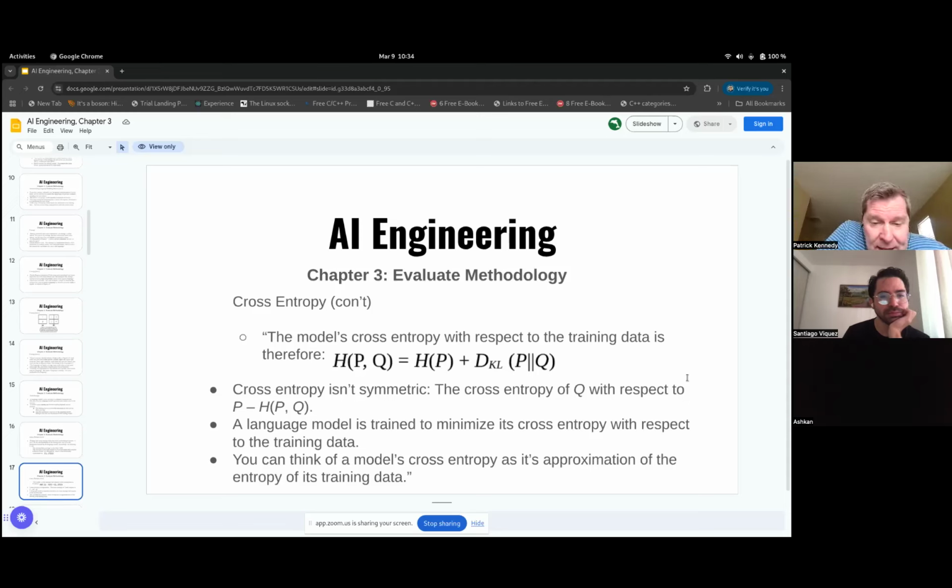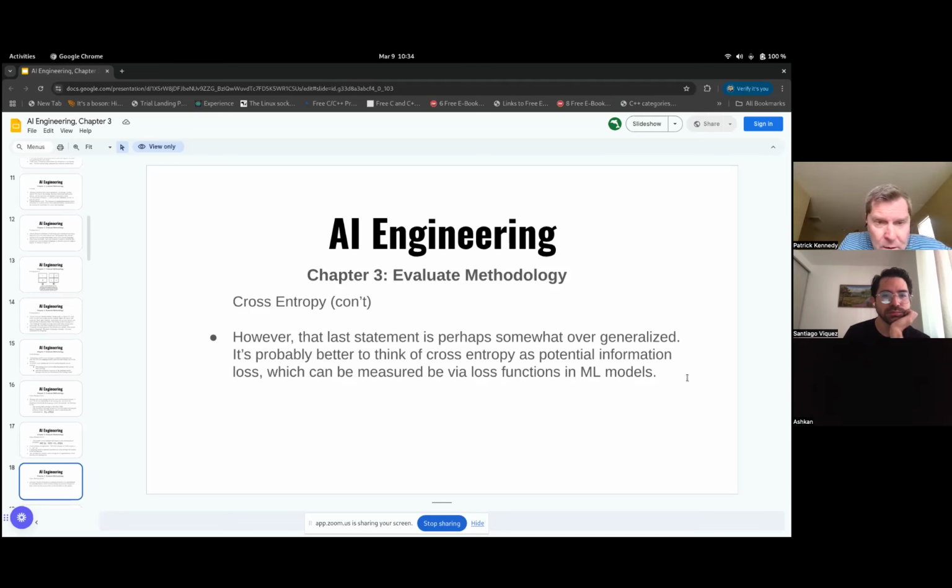You can think of a model's cross entropy as its approximation of the entropy of its training data. All right, so now we are up to slide 18. However, that last statement is perhaps somewhat overgeneralized. It's probably better to think of cross entropy as potential information loss.